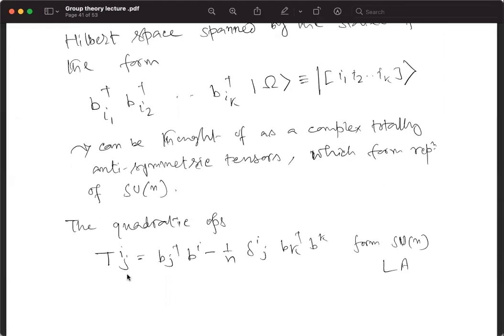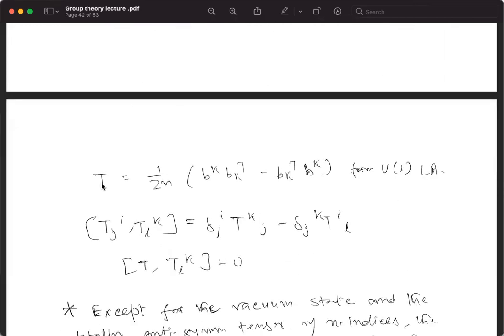Now we define the quadratic operators as T^j_i, which is b_i dagger b^j minus 1 by N delta b_k dagger b^k, which form an SU(N) Lie algebra. So this part you can think just like a trace part, and this is separating that trace part. And this T equal to 1 by twice N (b_k dagger b^k minus b^k b_k dagger), which is basically just a number operator kind of thing, and that forms the U(1) Lie algebra.